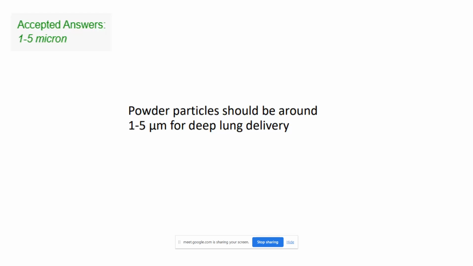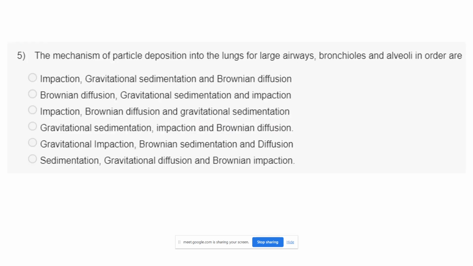Yes, it's 1 to 5 micron. It's directly mentioned in the lectures if you have gone through those. Powder particles should be around 1 to 5 micron for deep lung delivery. Let's move on to the next question.